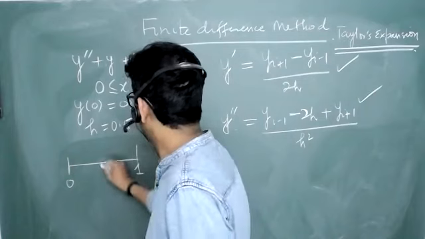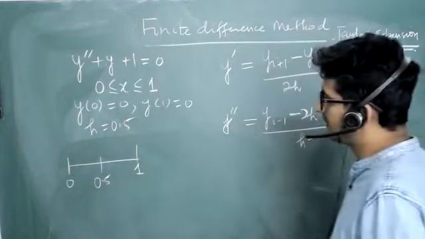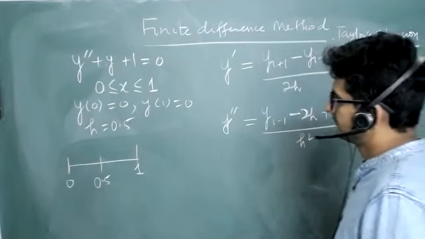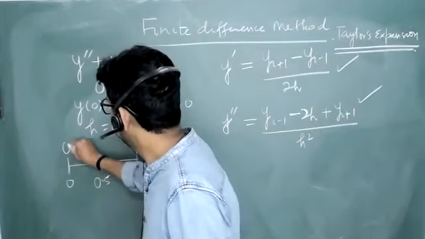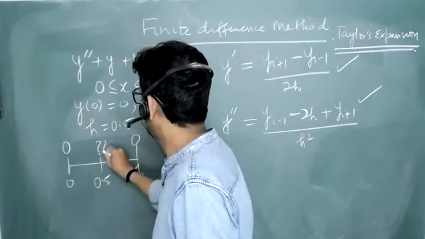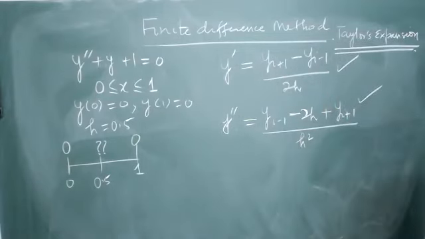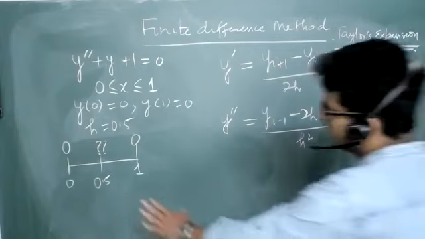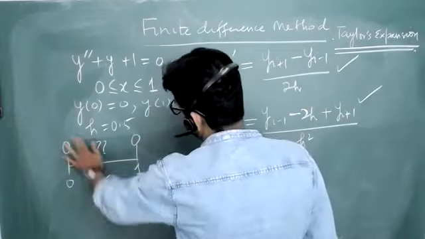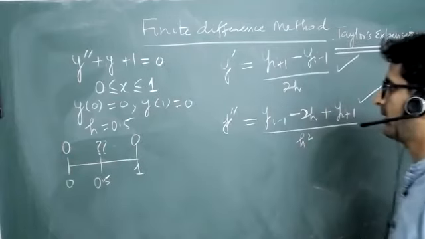And since they have given the grid size 0.5, where can I calculate the value first? At 0 it is 0 and at 1 it is also 0, and at 0.5 I will calculate it using finite difference. Do you understand the whole thing? Yes sir. So the value is 0 at 0, 0 at 1, and at 0.5 it is unknown, which I want to calculate.